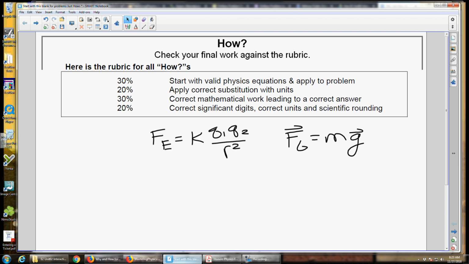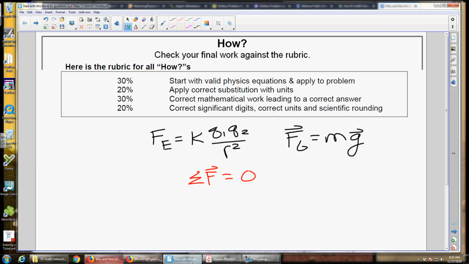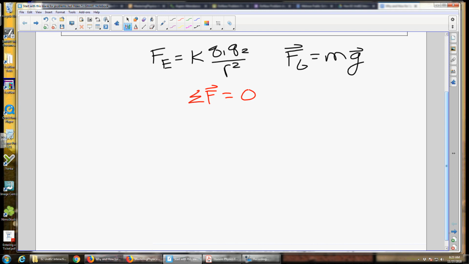And then I know that the sum of my forces has to equal 0. I get that from my drawing here. So the way it was drawn, I have F sub P upwards plus a negative F sub G equals 0.